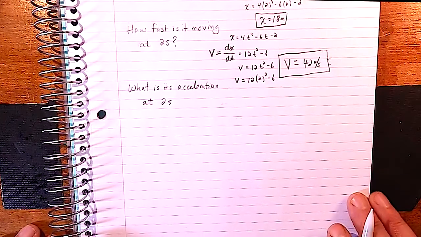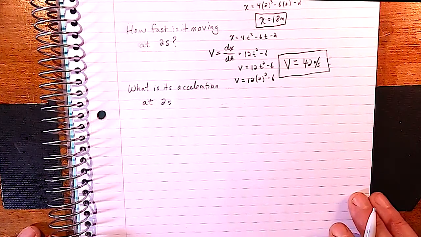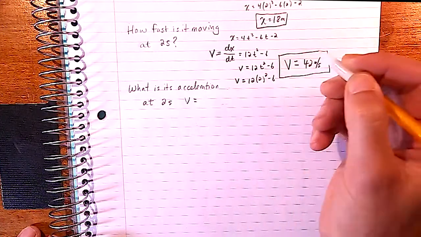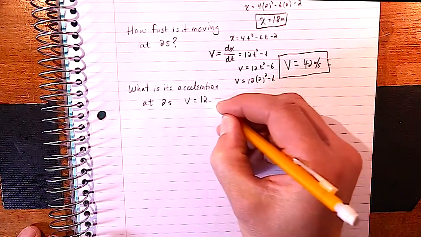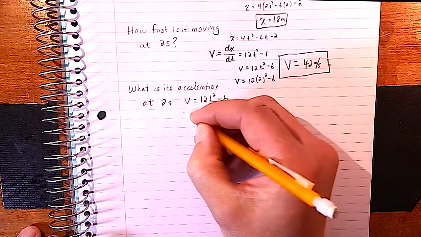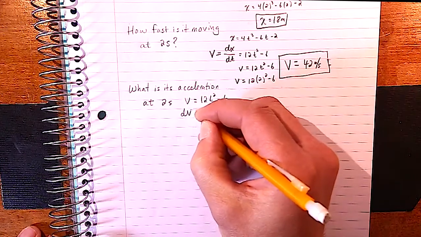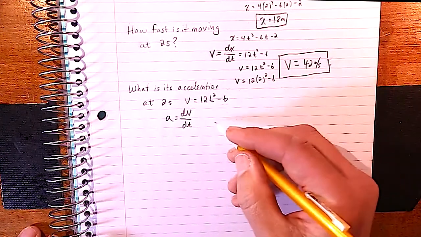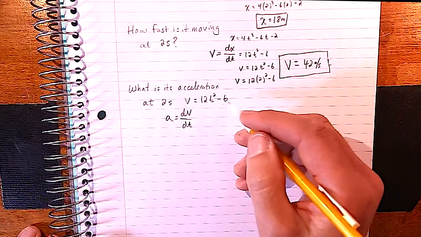So the last question, what is its acceleration? Well, we know that its velocity is 12t squared minus 6, and we know that acceleration is the first derivative of velocity. So all we have to do is take the first derivative of this.